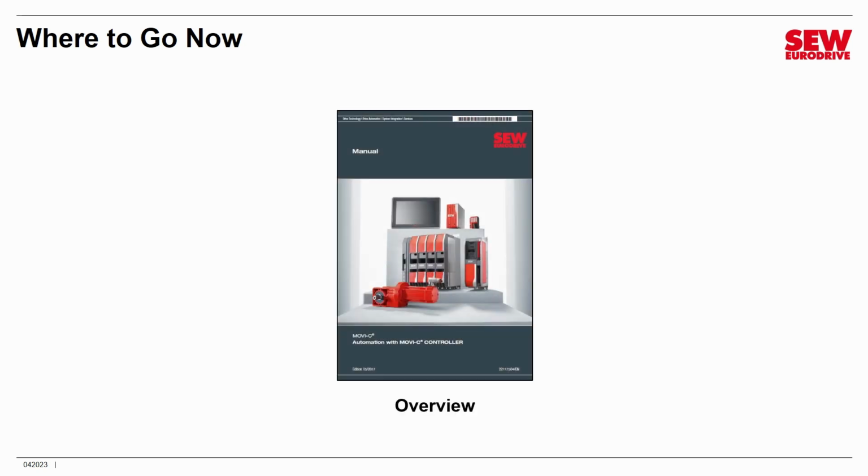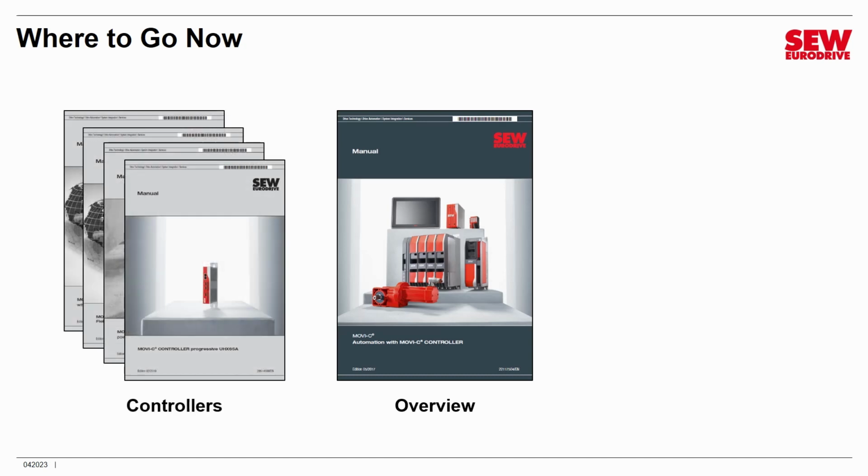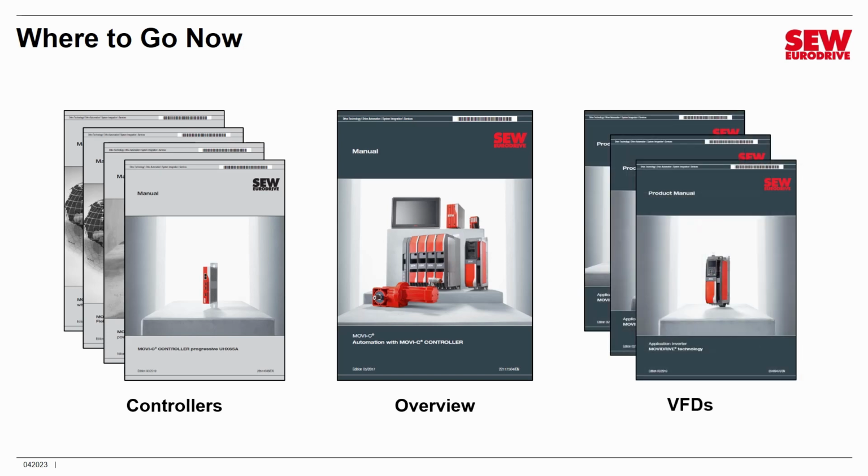Documentation. We offer a lot of documentation on our website about our products, all in PDF format. I would suggest you start with this one, kind of the overview of the MOVI-C products. But every controller has a manual to it, so find the one that applies to your controller. Every VFD has a manual.